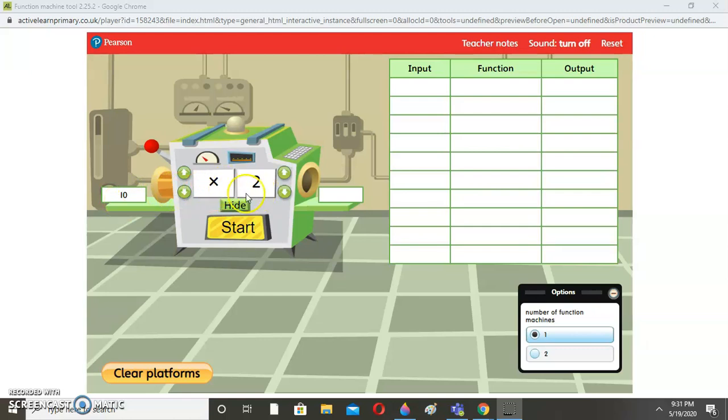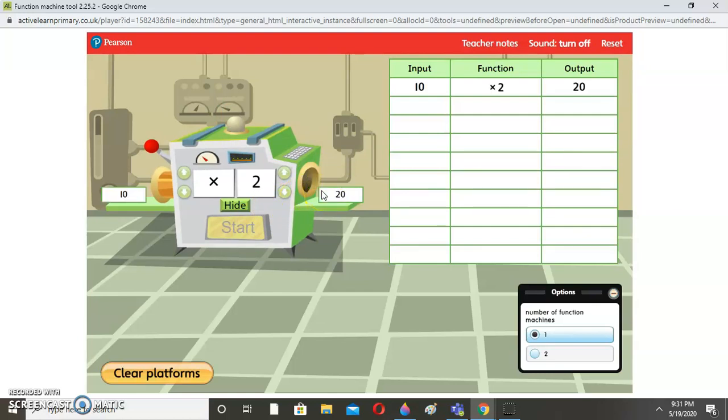So it's passing through the machine and the answer comes out as 20. Okay, good. And then let's try another number. I'm going to type another number so that we can see if we find double of another number. Let's try another number like 20.